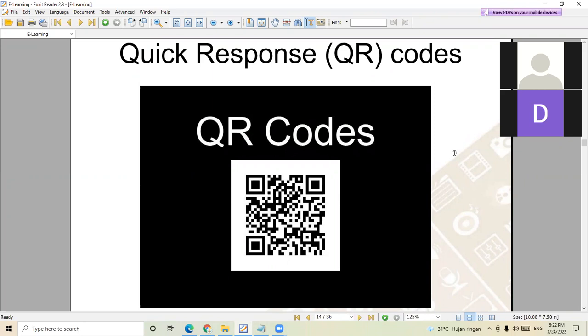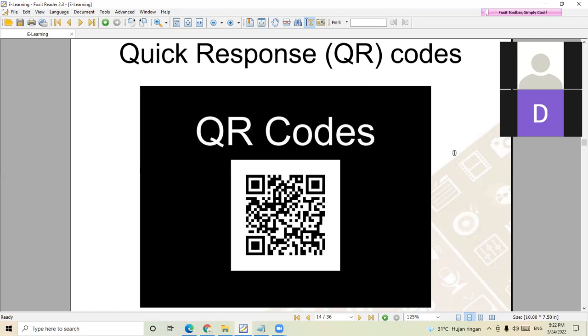But with QR codes, even if the angle is not that correct, we can still scan it. It's different from barcodes, where we need straight lines to be able to scan.